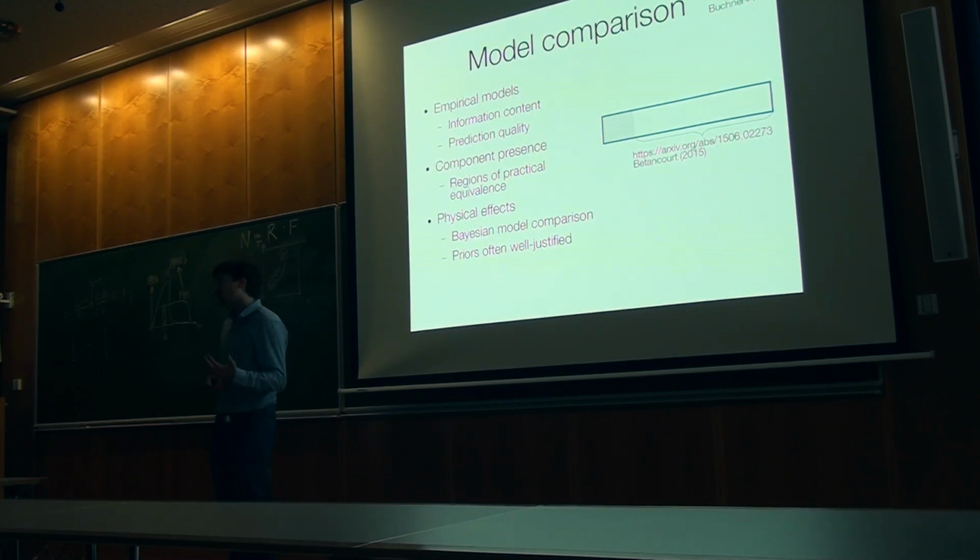And I would say there are multiple questions or situations where you have this question. One is where you have more ad hoc, empirical models, and you're interested in whether a more complex description has more information. So you can approach this as an information content question.